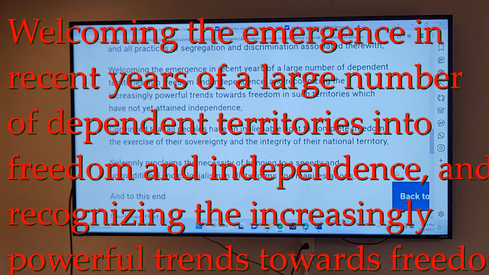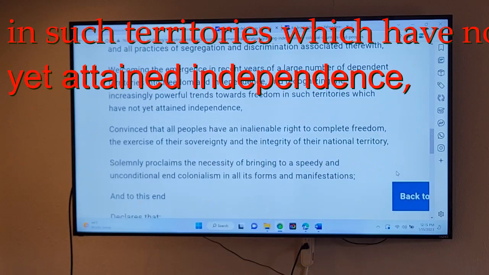Welcoming the emergence in recent years of a large number of dependent territories into freedom and independence, and recognizing increasingly powerful trends towards freedom in such territories which have not yet attained independence.